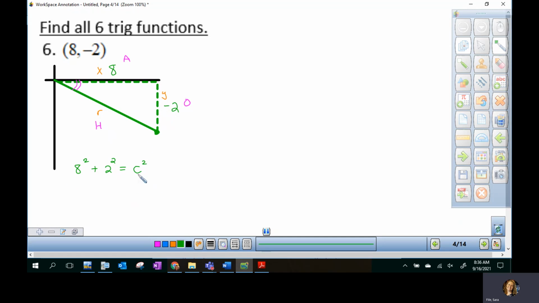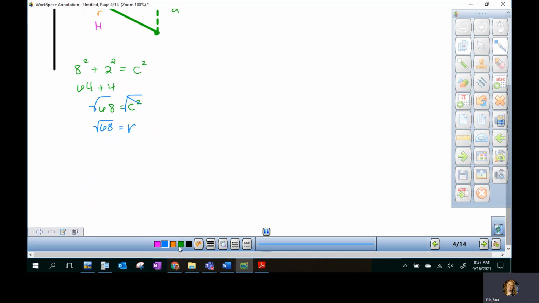So it's okay to not put the negative. So this comes out to 64 plus 4, so that's 68. And then you have to take the square root to get rid of the square. So the square root of 68 is that r.